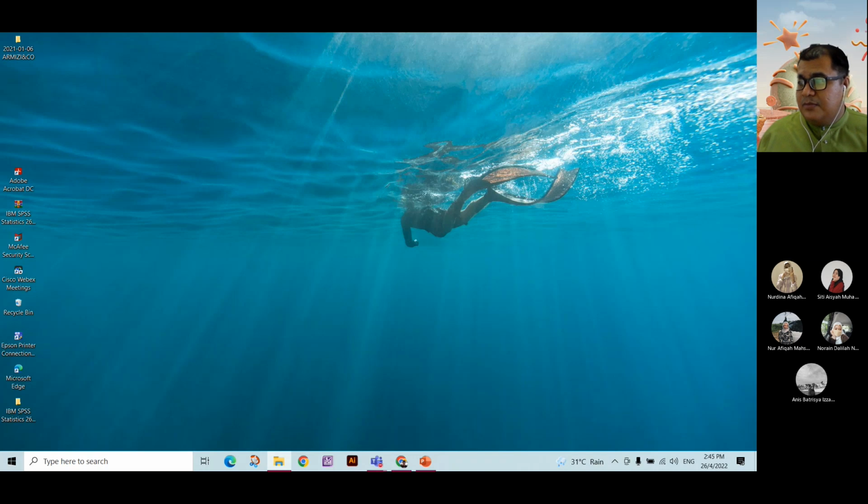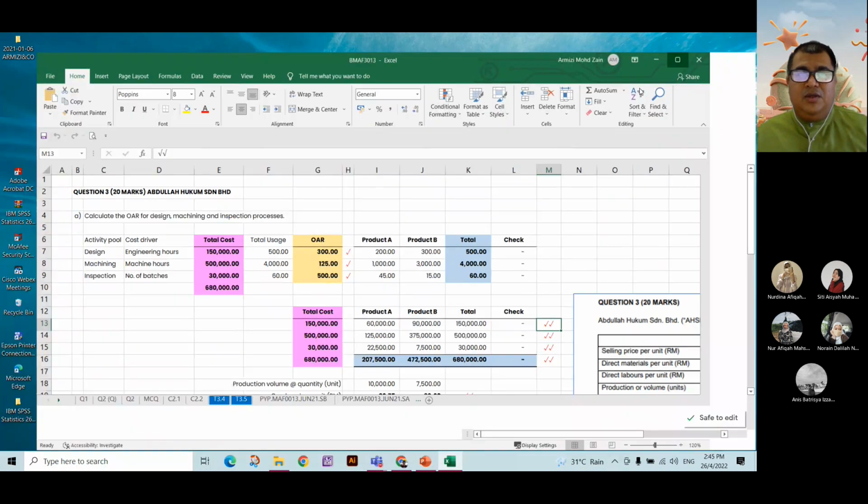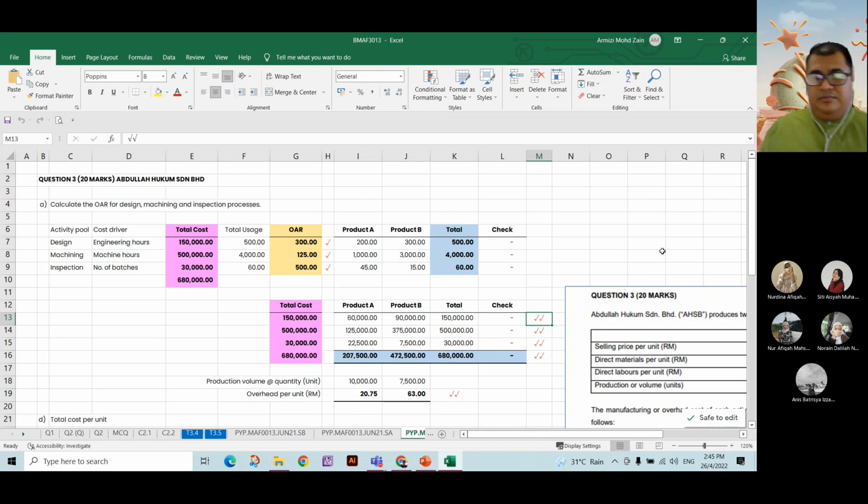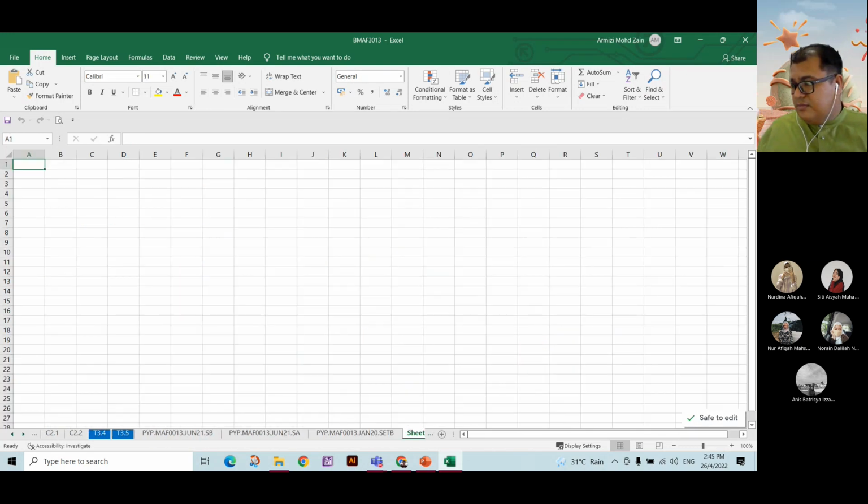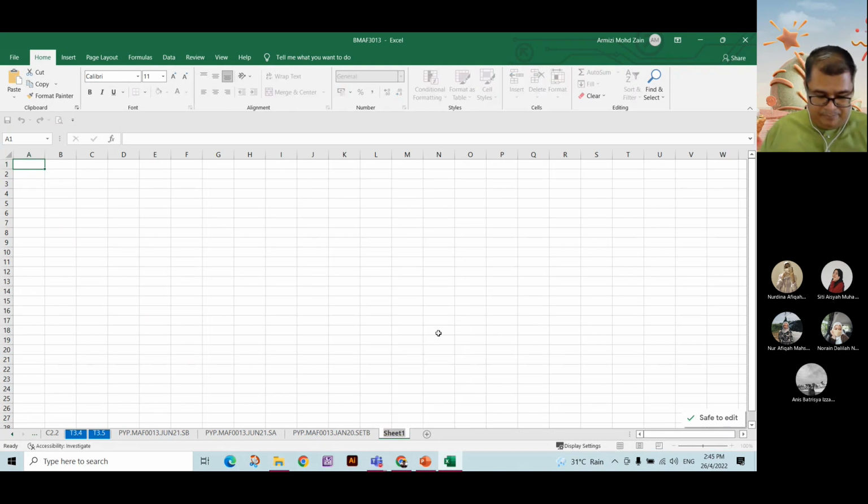Ya. Cuba cari dia punya ni. Okey. Yang sebelum ni. Ini.